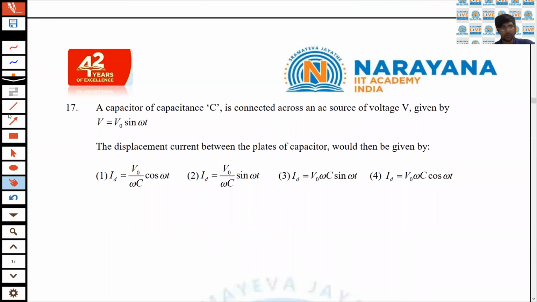So first of all, we know that if this is the phase of the current, the phase of potential across the capacitor is 90 degrees below the current, which basically means current leads voltage by 90 degrees.